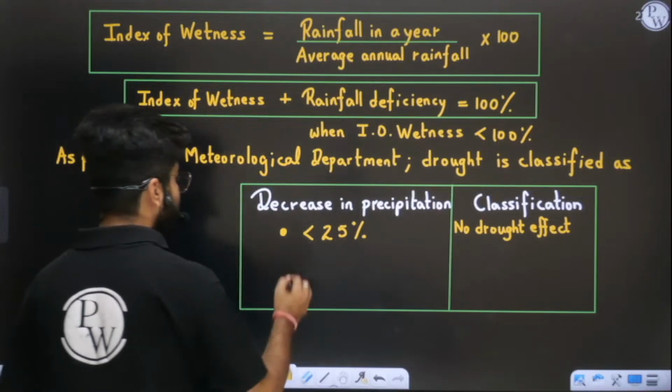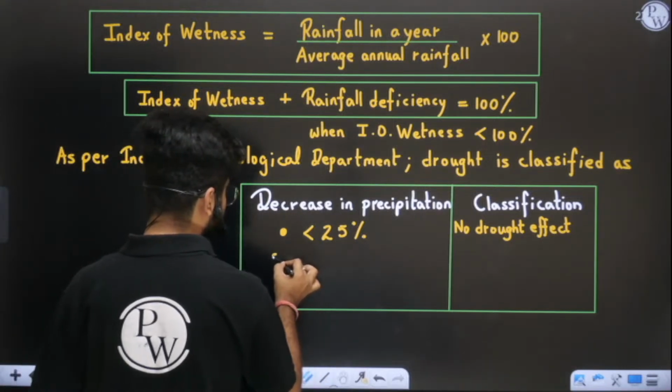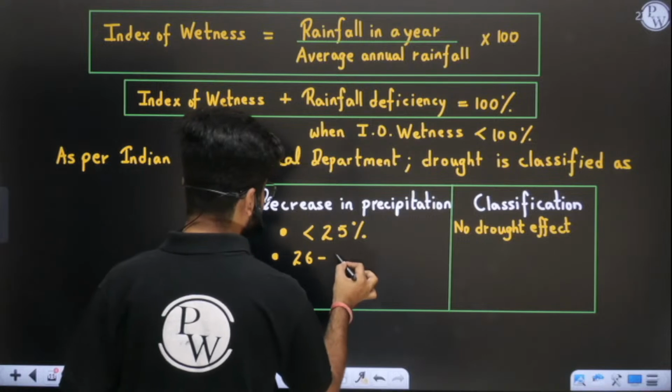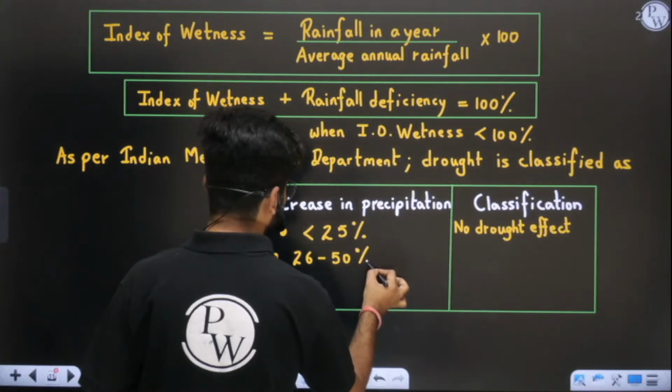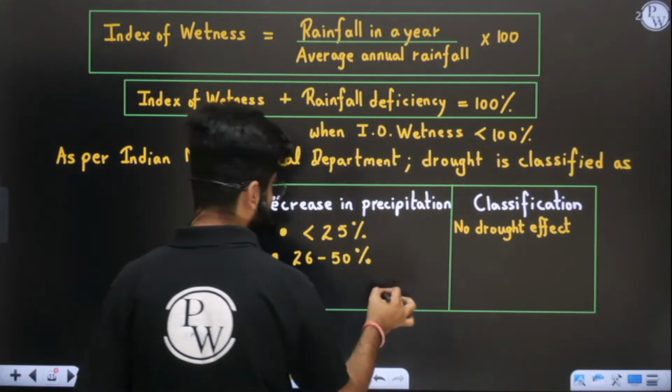Now, if decrease is from 26 to 50%, in this case I will say moderate drought.